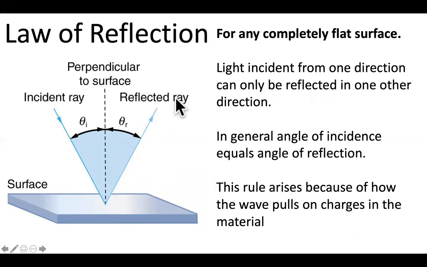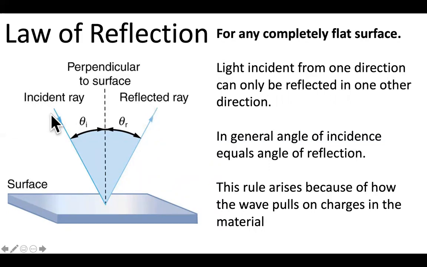What the law of reflection says is that in a specific situation where you have a completely flat surface, if you have a light ray that is incident upon that surface from one direction, so it's coming down this way, the light reflected from that surface can only go in one direction.